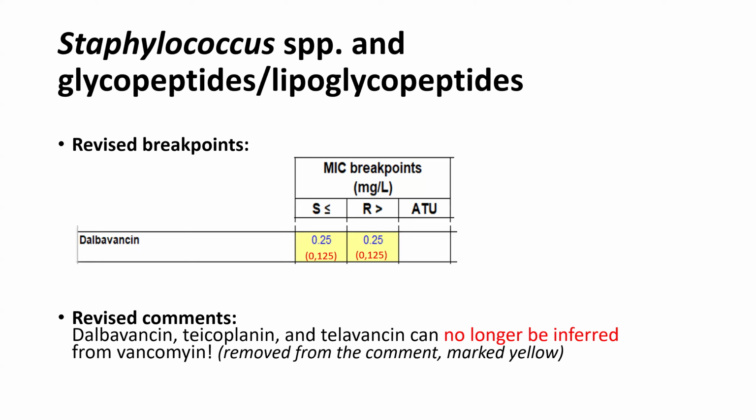So this part of the comment for all three of these agents is now removed. In addition, the dalbavancin breakpoint is slightly adjusted to 0.25. So that means you have to test for the one you want. If you need dalbavancin, you have to test dalbavancin.